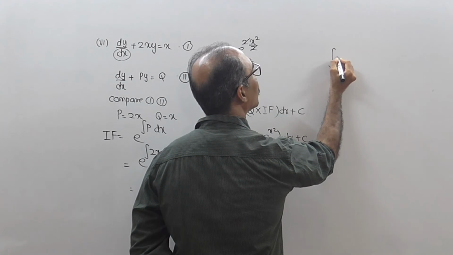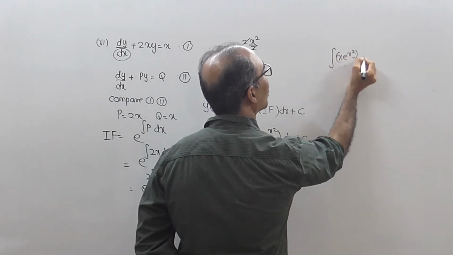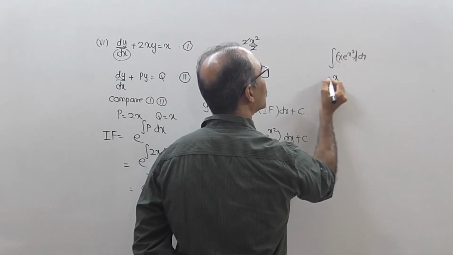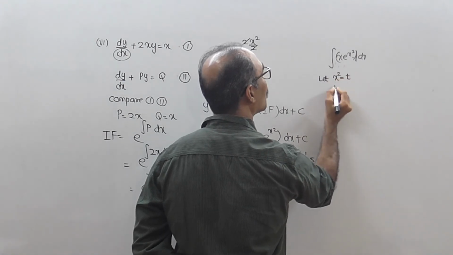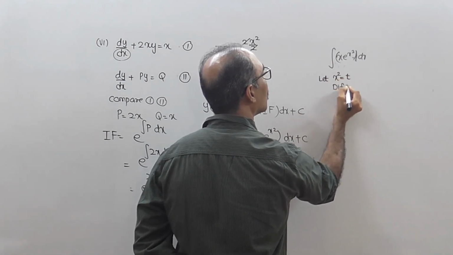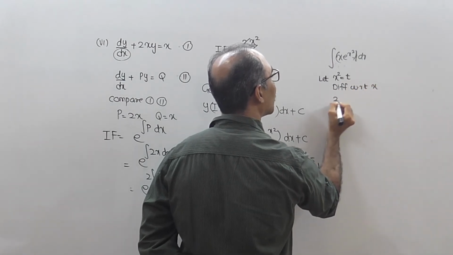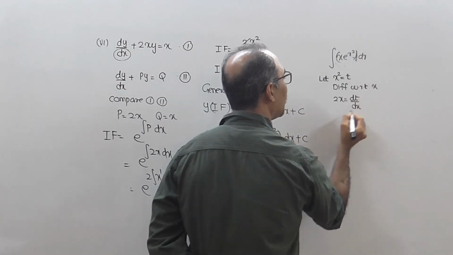We will write this as integration x e raised to x square dx. Now what you do is you have to make an assumption. Let x square equal t, and if you differentiate with respect to x, the derivative of x square is 2x, that is equal to dt by dx.